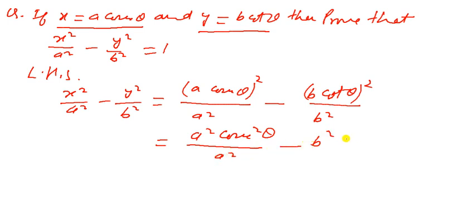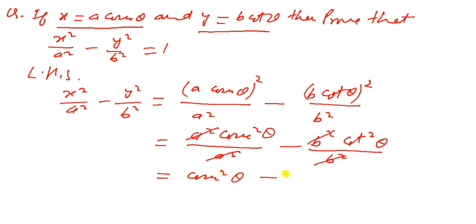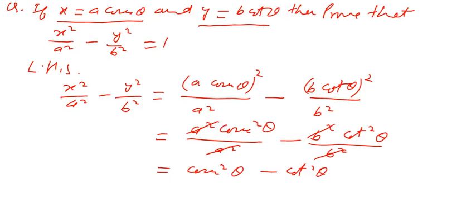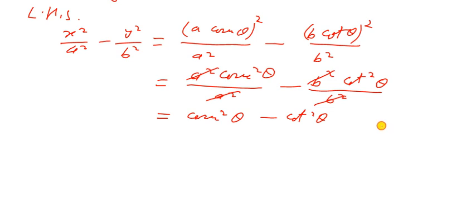So what will happen in this? It is a square cosec square theta upon a square minus b square cot square theta upon b square. So b square will be cancelled out, a square and a square will be cancelled out. So we get cosec square theta minus cot square theta.